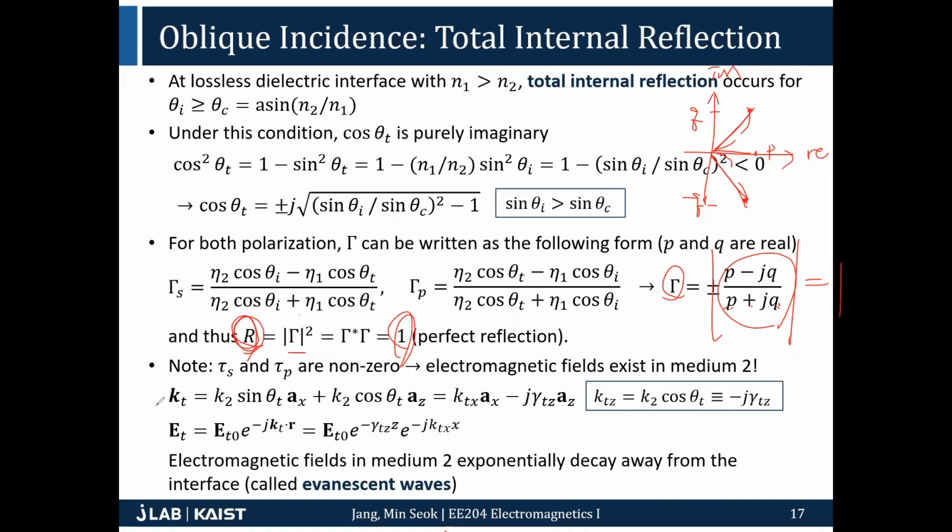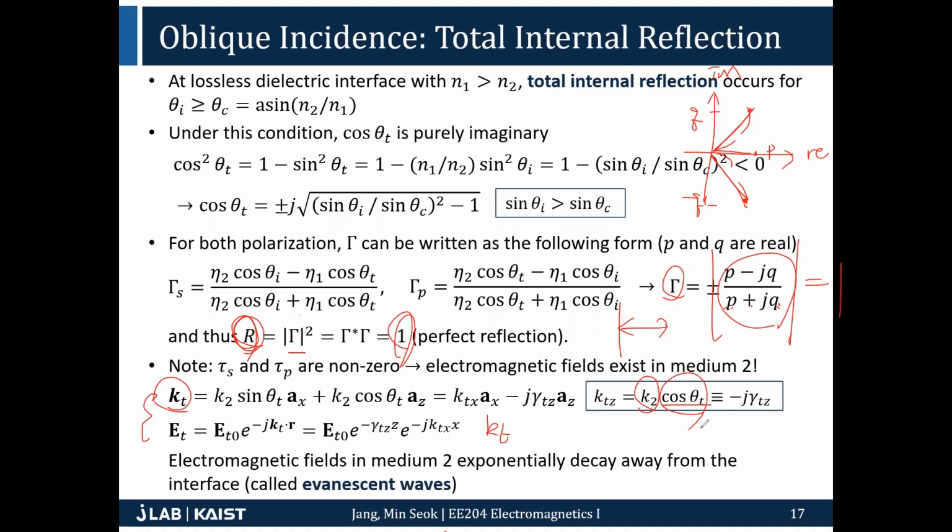And another thing that I want to note is that if you have a k vector, kt, the transmitted wave vector, and you look at the surface normal component, which is k2 cosine theta t.